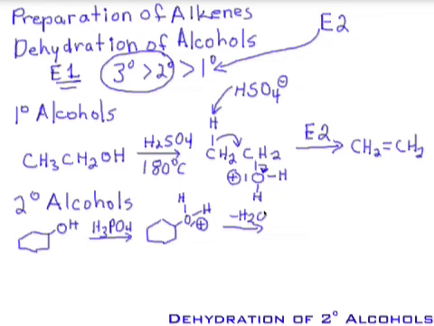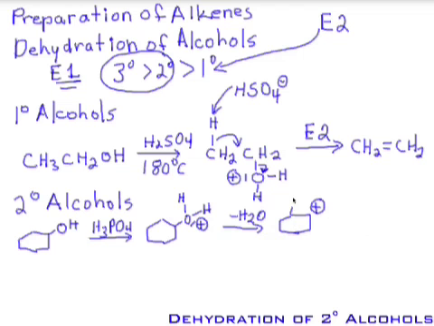H2O is pulled off. And I get a carbocation. Always, always, always check for 1,2 shifting in carbocations. This is a secondary carbocation. If I shift an H, I must keep secondary, so no shift occurs here.